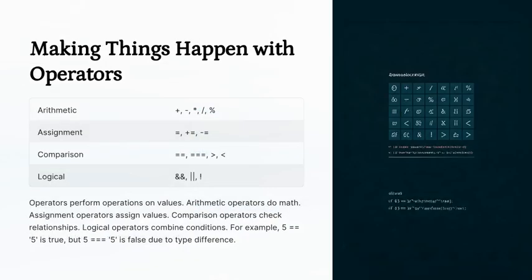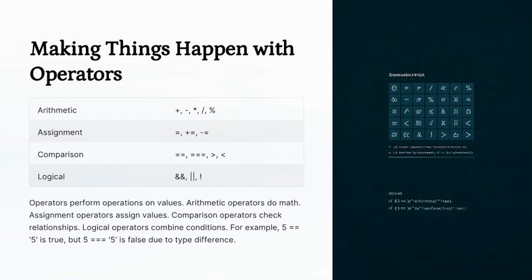Operators are the fundamental building blocks that allow us to create dynamic and interactive JavaScript programs. We'll be covering the 4 main types of operators: arithmetic, assignment, comparison, and logical. Arithmetic operators like plus, minus, asterisk, slash, and percent enable us to perform basic mathematical calculations in our code.